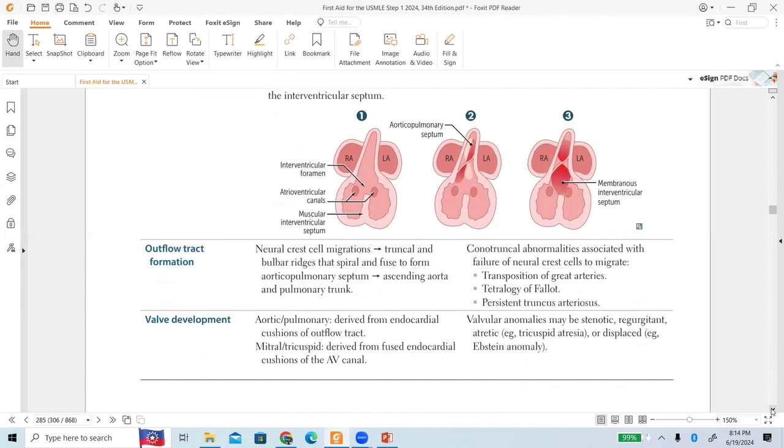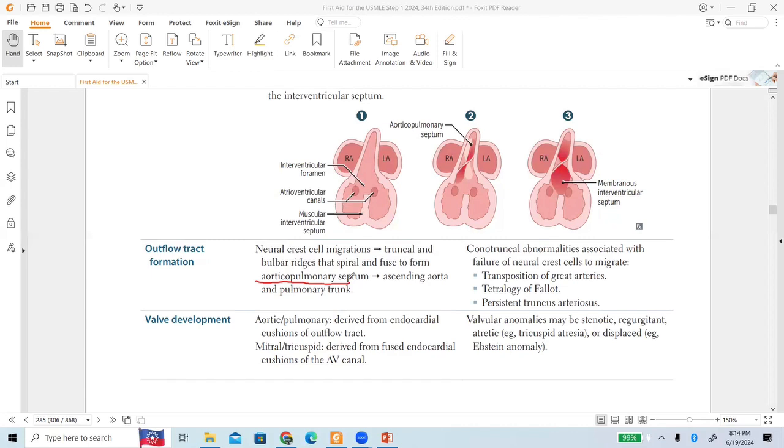So this is basically something that you have to cram. I will help you how to cram it and digest it easily. So the neural crest cell migration problem: what will it lead to?